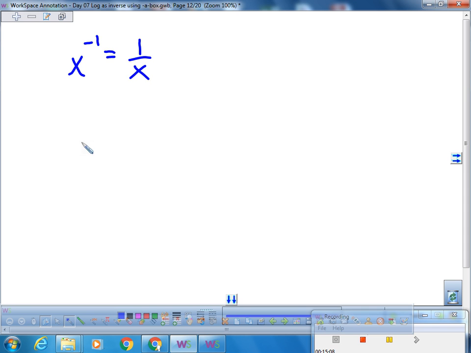Okay, so if I have the bases are the same, so if I have x cubed and x to the 4th, what do I do? I add them, right? When I have bases the same, I add them. What else?